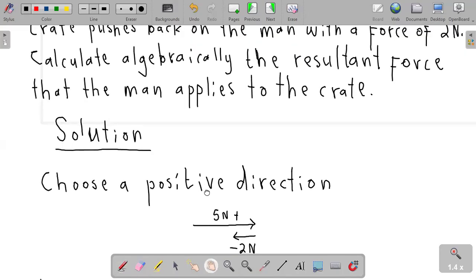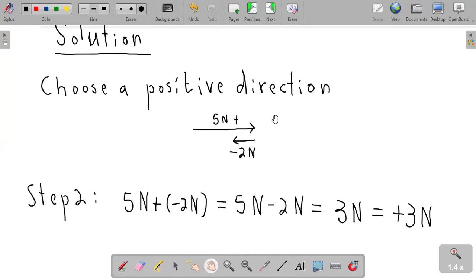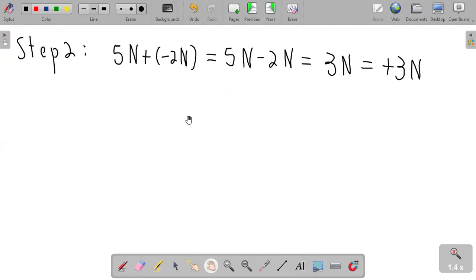Because they're asking us to calculate the resultant force, remember, they say the resultant should be in words, not as a number. You don't say negative or positive, you must use words.